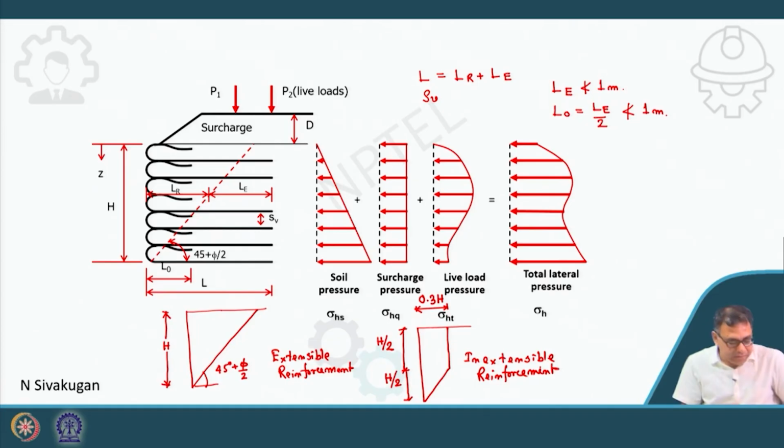Clear? So, in the next class, I will start the design methodology, how I will determine the spacing, how we will determine the length. I will discuss that, and then I will solve one numerical problem to show you how I can use those design methodologies, and I will do it under both seismic and static conditions.